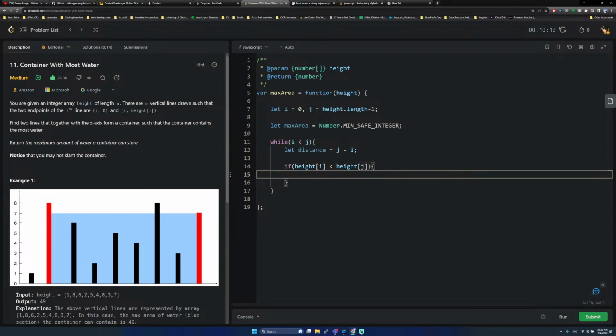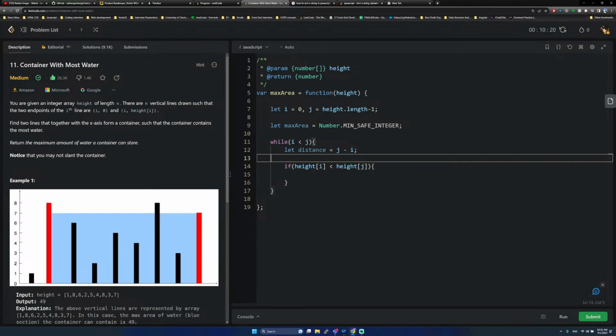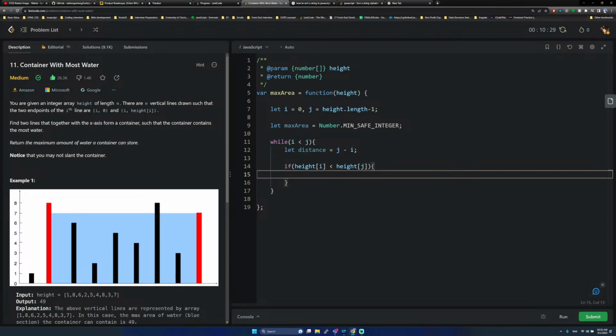If height of i is less than height of j, then let's calculate the area.